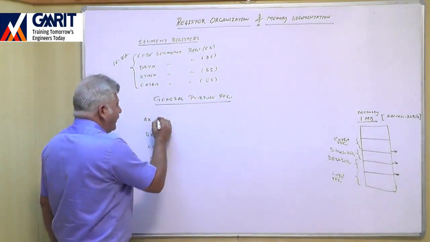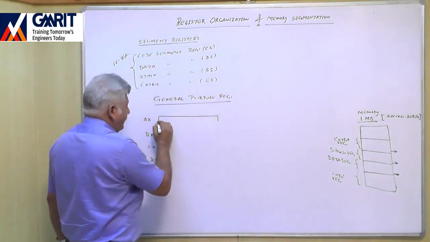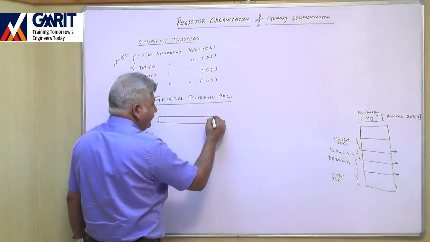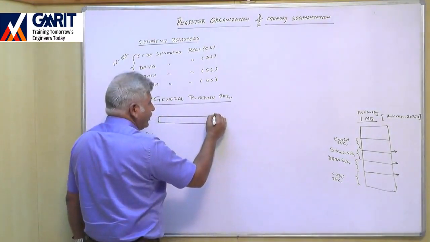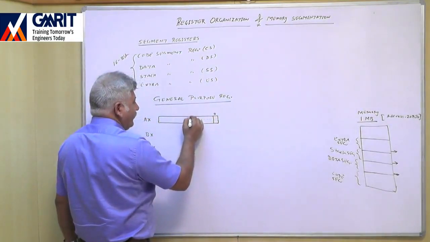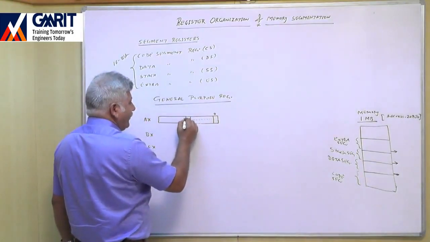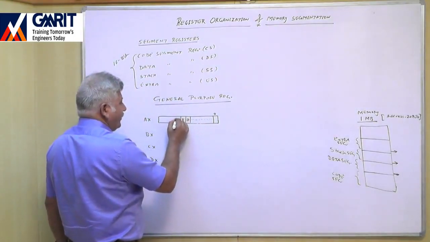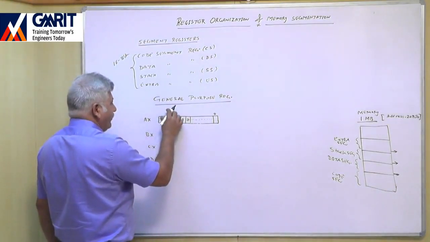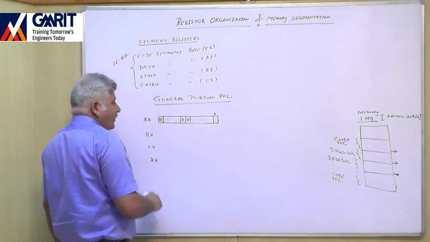For example, for the AX register, suppose these are the 16 bits of the AX register: bit number 0, bit number 7, bit number 8, like this, up to bit number 15.